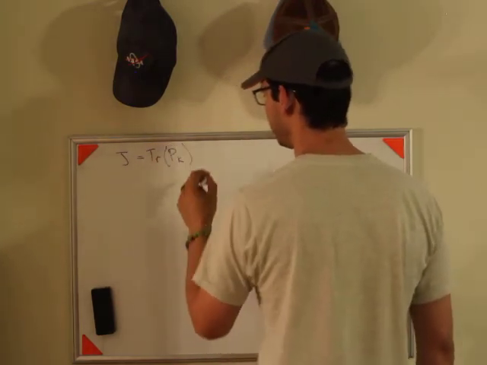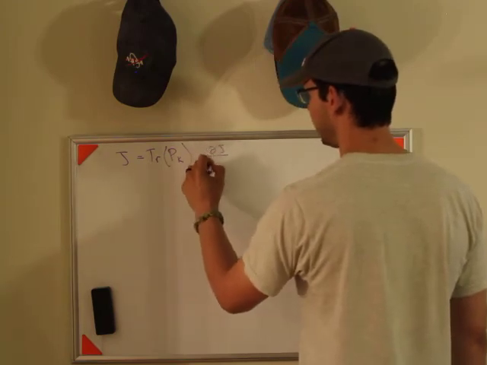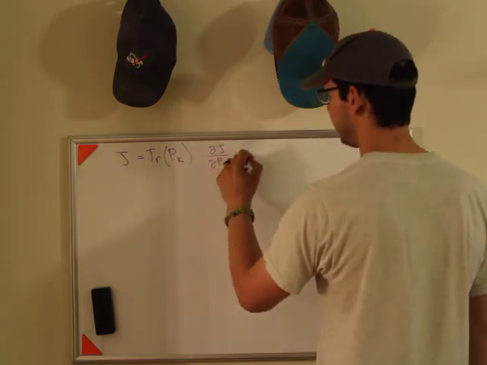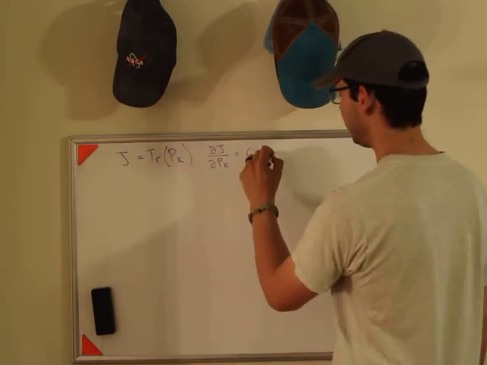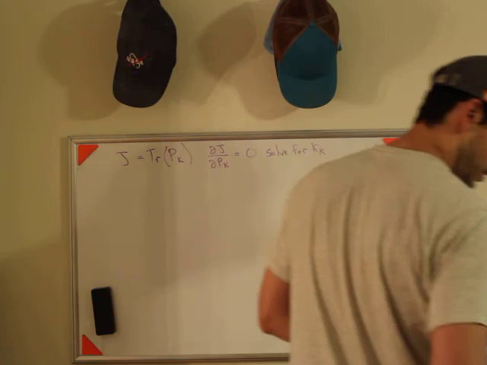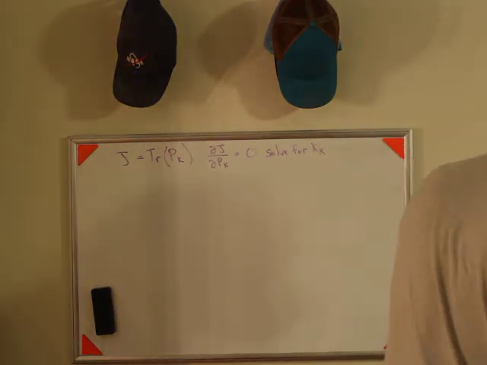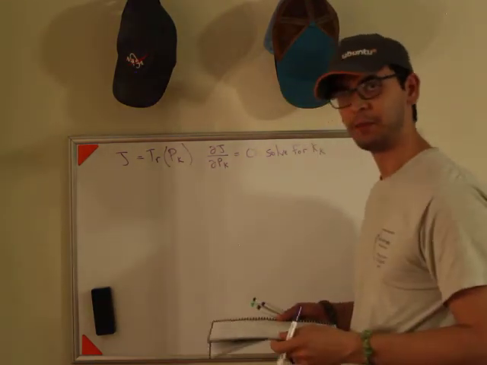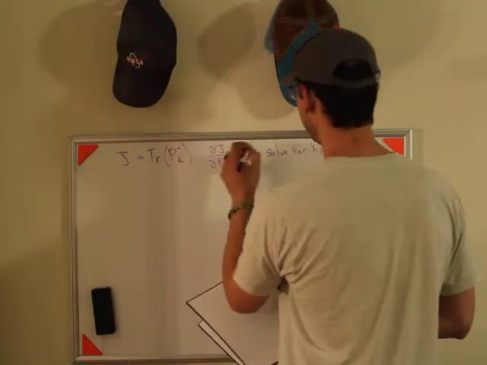And then what I want to do is compute del J del Kk and set that equal to 0 and solve for Kk. And it turns out that there are people smarter than me, maybe not smarter than me, maybe they have more time.